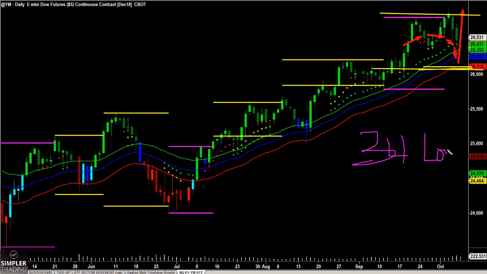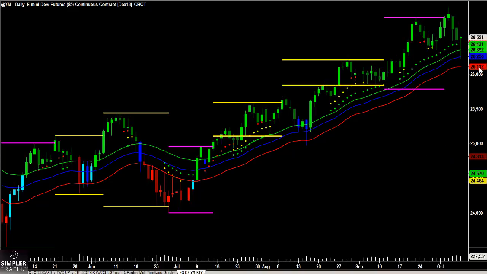That's what I look at, that 34 EMA on the low. Quite frankly, staying above, I'd say 26.2 would be pretty important too. Staying above 26.2. Sorry, 26.1. 26.1 would be psychologically very important. 26.1 right there.